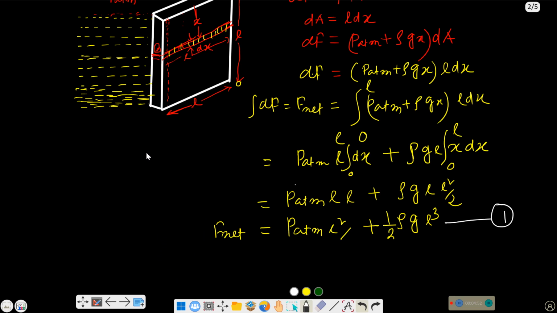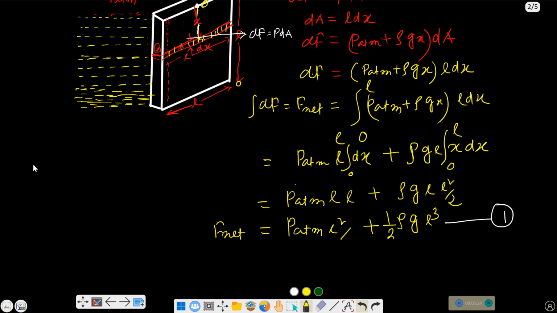Now next we will go for the torque equation, okay. For the torque equation, we will take the torque of this small force, okay. This small force dF will be in this direction, dF is equal to p dA, about this point O, the topmost point O. For the torque, we will find the torque about this topmost point O, which is at a distance x.